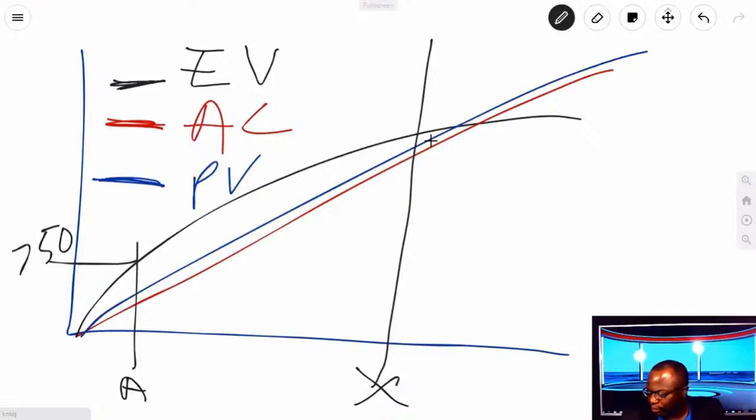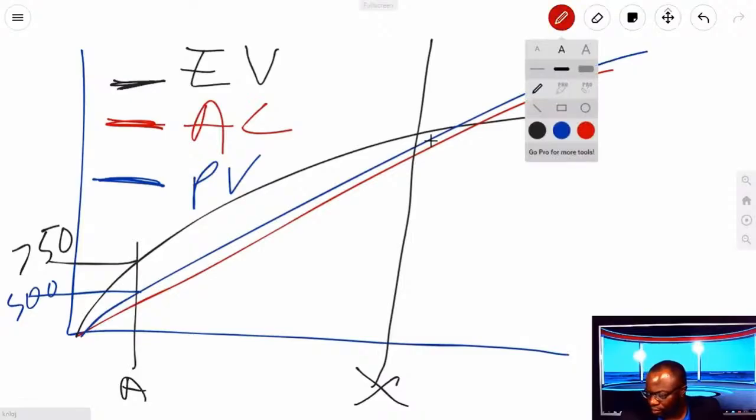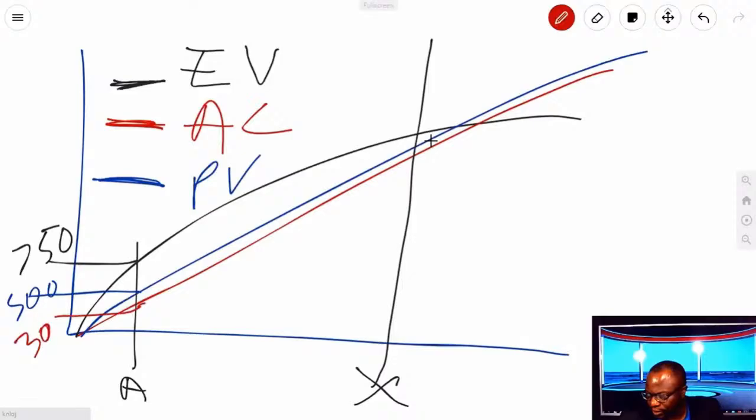Your planned value, let's say, is 500, and your actual cost, let's say, is 300 at point A. All right, so that is how you will read these numbers.